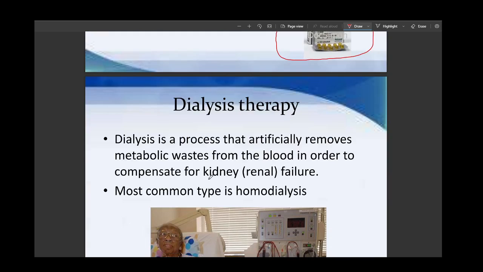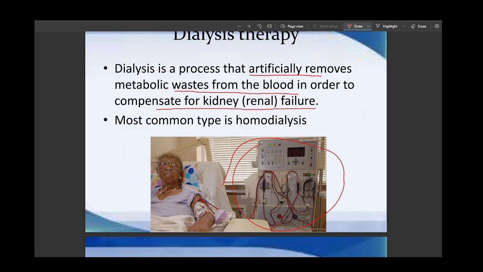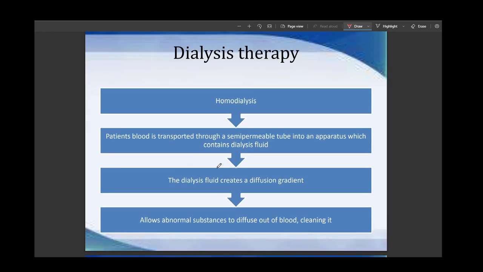Okay, what is dialysis therapy? It artificially removes metabolic waste from the blood in order to compensate for kidney failure. This is a dialysis machine, and this lady is getting her dialysis done. It takes, I guess, 3 hours. Basically, in hemodialysis, the patient's blood is transported through a semi-permeable tube into the apparatus, which contains dialysis fluid.